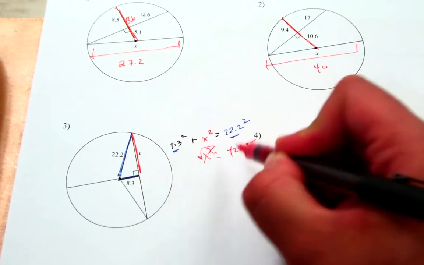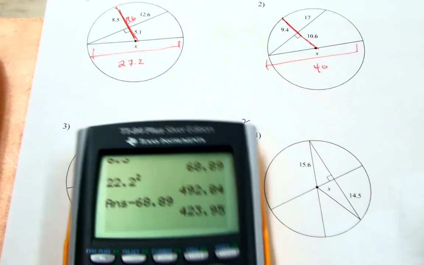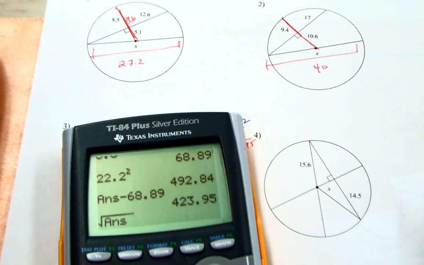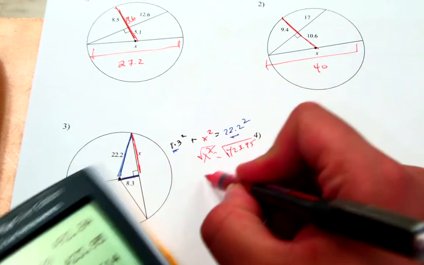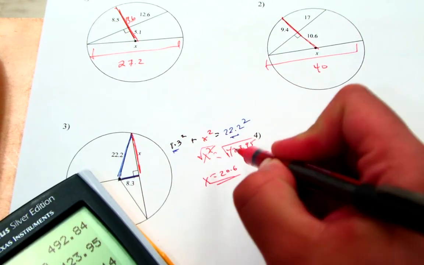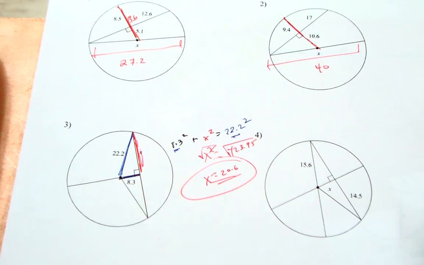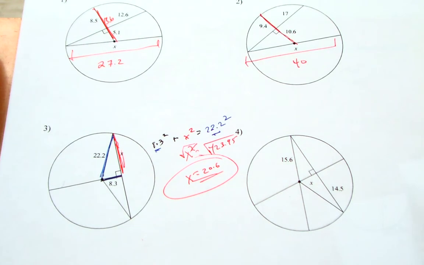Take the square root, and thus x is this value right here. The square root of the answer will give me 20.6 approximately. And there we have it. So part of the challenge here is recognizing when to use which particular skill, and that takes a little bit of trial and error, but some practice here hopefully will help you become more proficient at that.